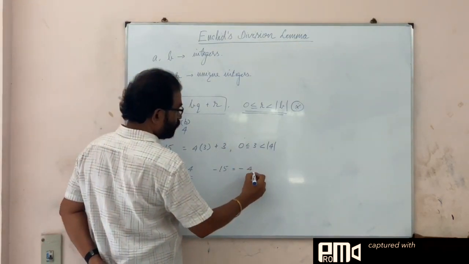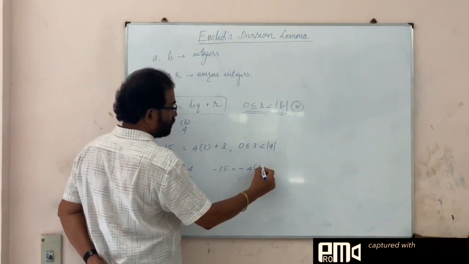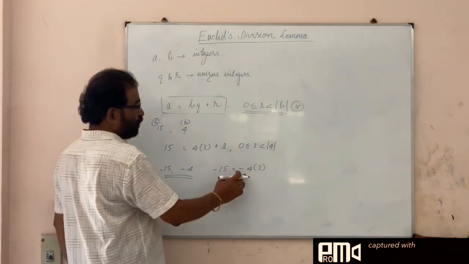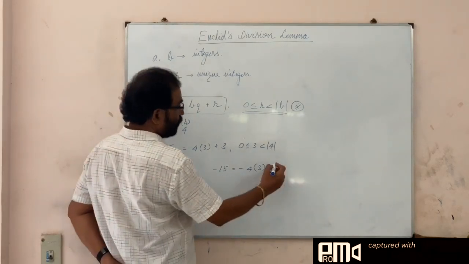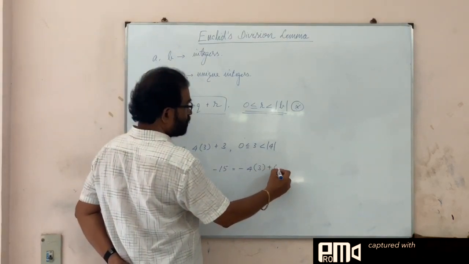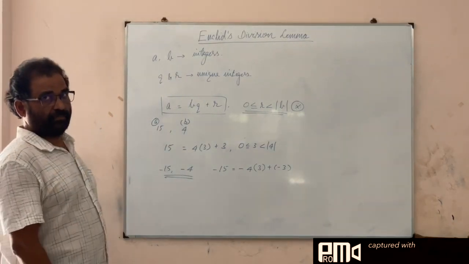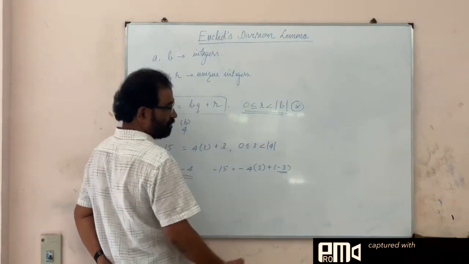Some may say this is minus 4 into 3, which is minus 12. To get minus 15, we need to add another minus 3. So here minus 3 becomes the remainder.